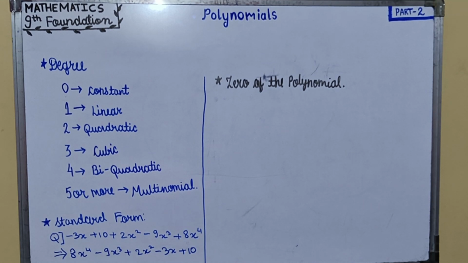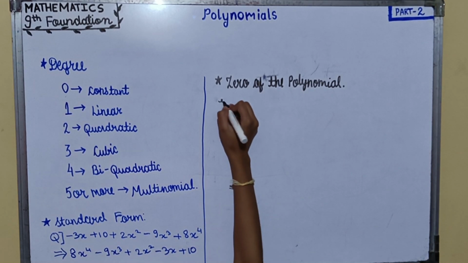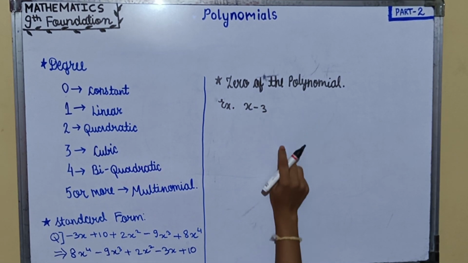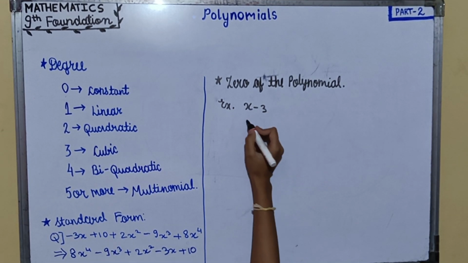That value of the variable in the polynomial which reduces the polynomial into 0 is called 0 of the polynomial. Now for example, there is a polynomial x minus 3 and we have to find the 0 of the polynomial.